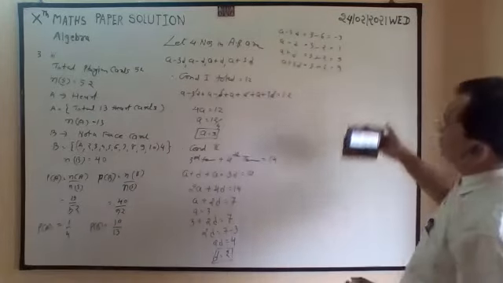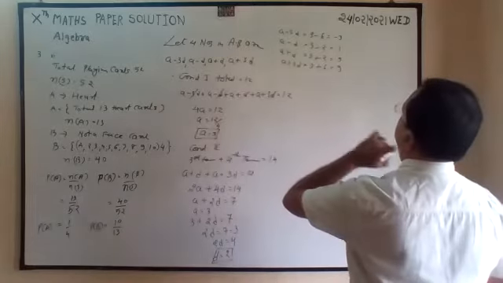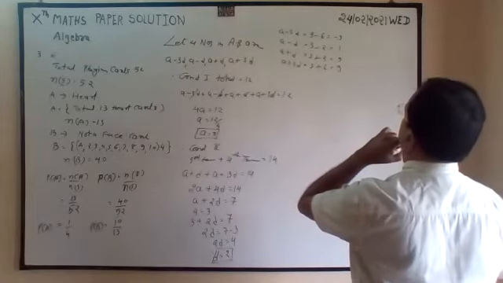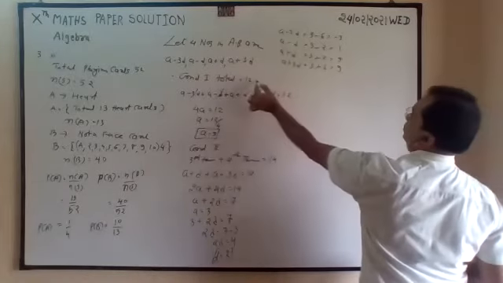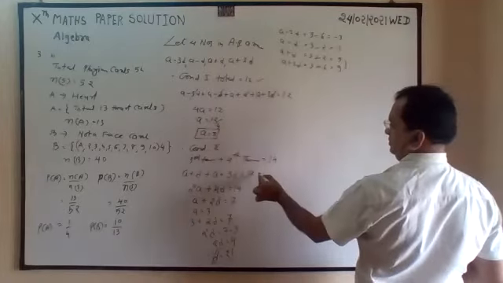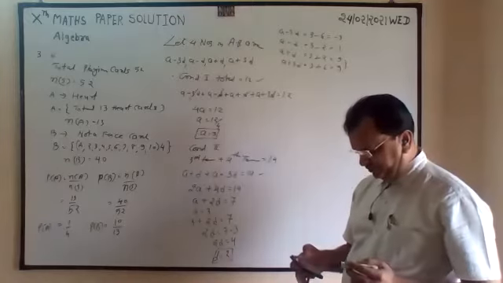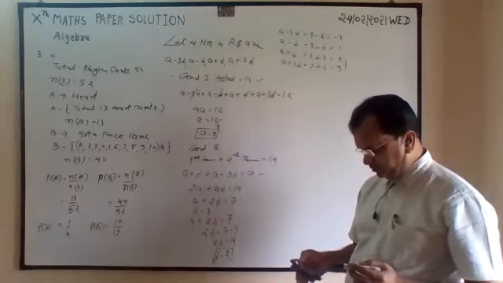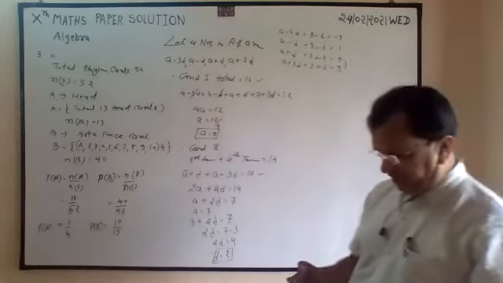The difference is 4 each time. Now the total: 9 plus 5 plus 1 is 15, 15 minus 3 is equal to 12. Sum of last two is 14. So both conditions are fulfilled. This is a very good example.